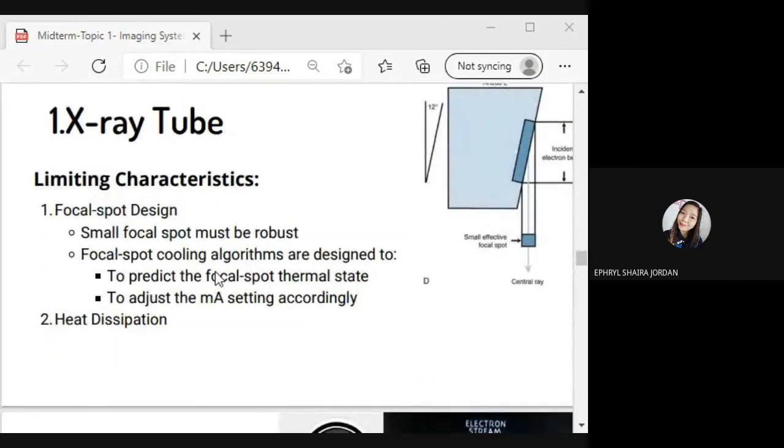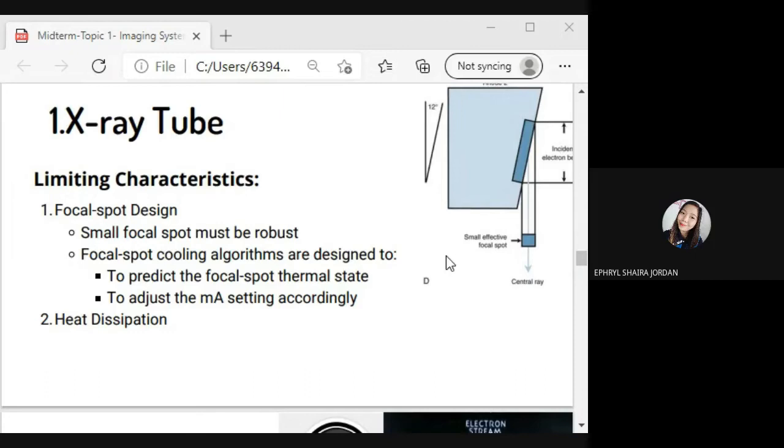Let's discuss the limiting characteristics of the X-ray tube. First is the focal spot design, wherein the small focal spot must be specially robust in design, so it should be durable. And innovations have improved the imaging system as time goes by.